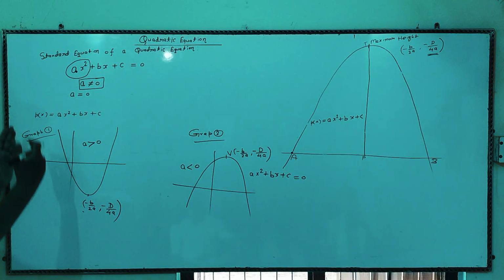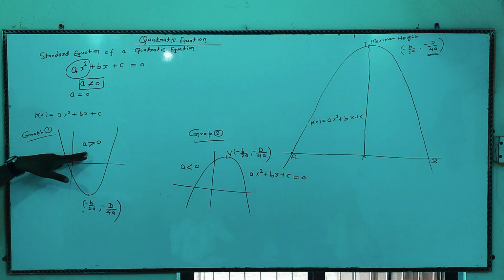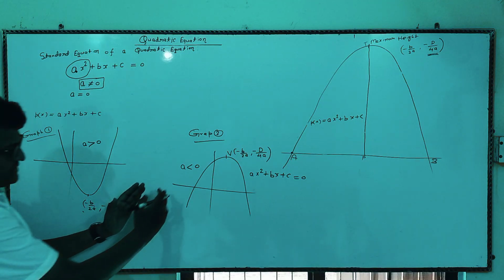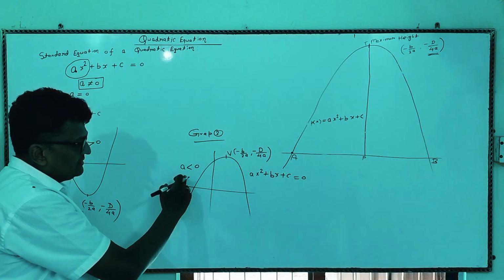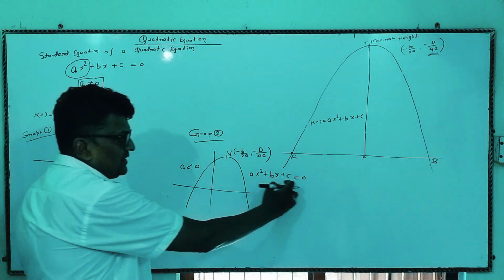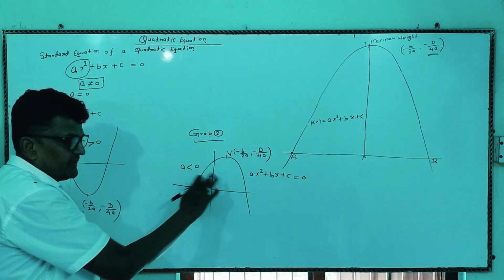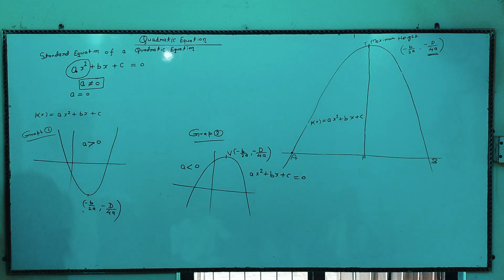When the parabola is opening upwards, then a will be greater than 0. When the parabola is opening downwards, then the equation will be the same, but the value of a will be less than 0. Okay, see this very carefully. And suppose we want to find the vertex of the parabola, so the coordinates of the vertex will be minus b by 2a and minus d by 4a. Okay.